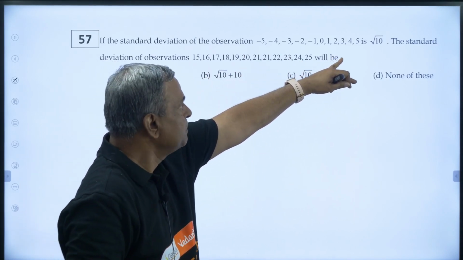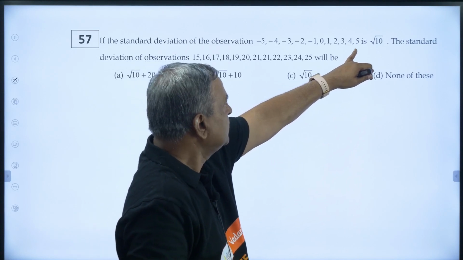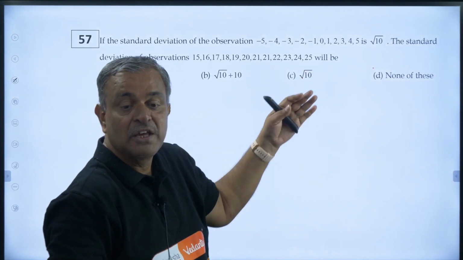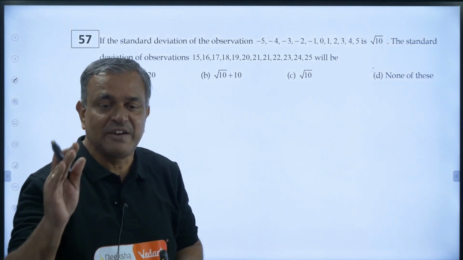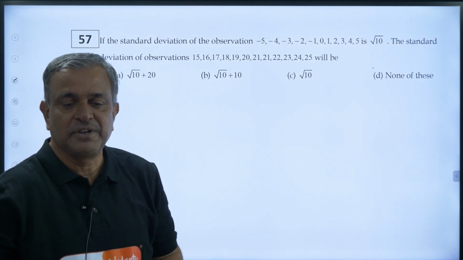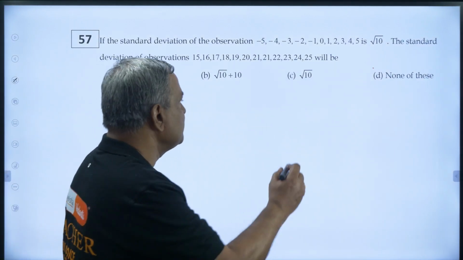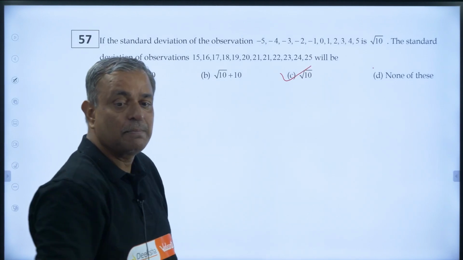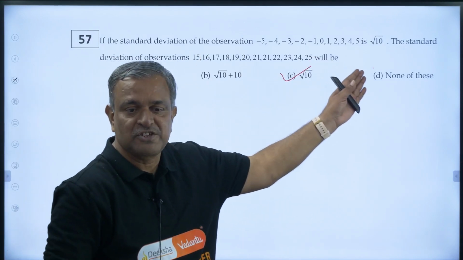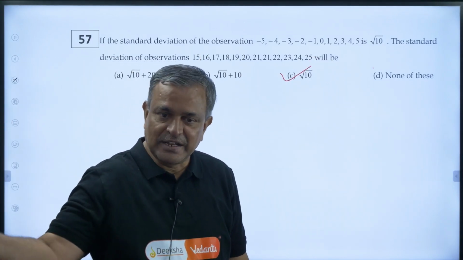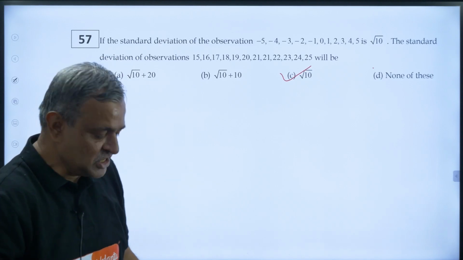If you add something to each and every observation, the standard deviation never changes. Option C is correct. Please remember that if you add a constant term to the given observations, the standard deviation won't change.